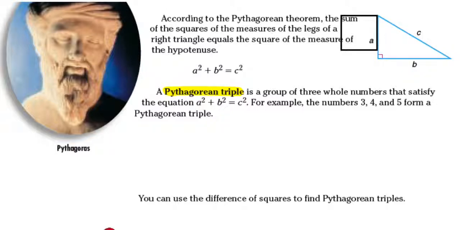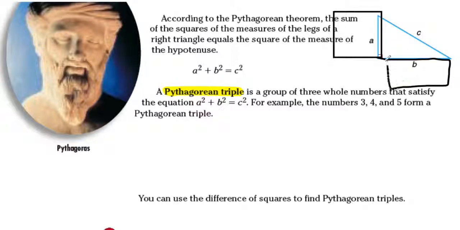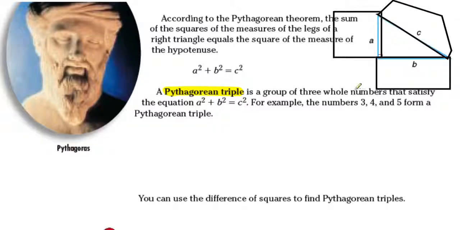For the Pythagorean theorem, this is what it's saying: if this a squared plus b squared should look like a square, should be equal to c squared.